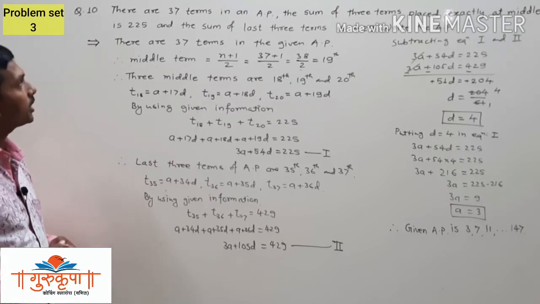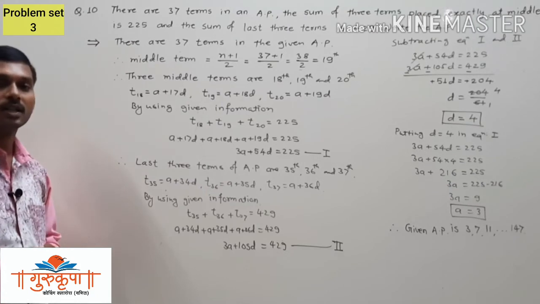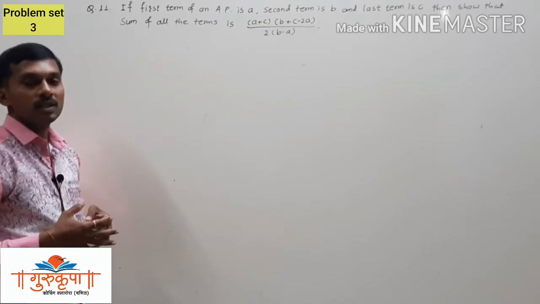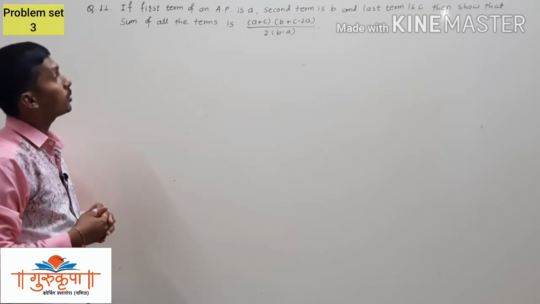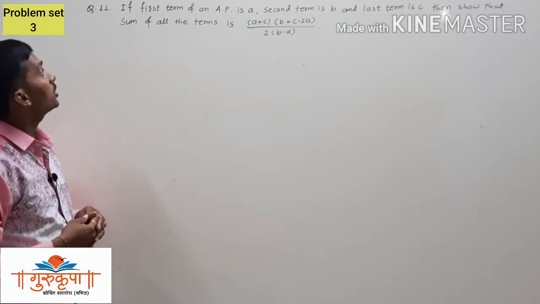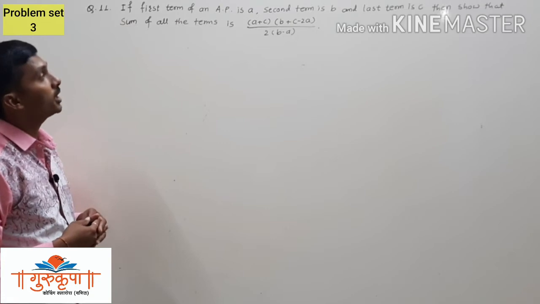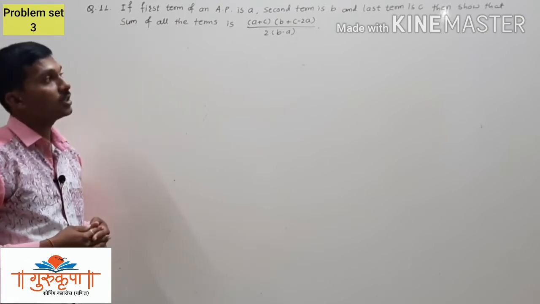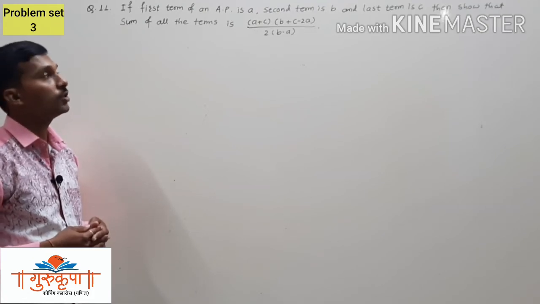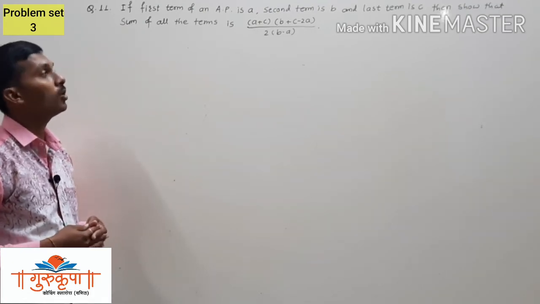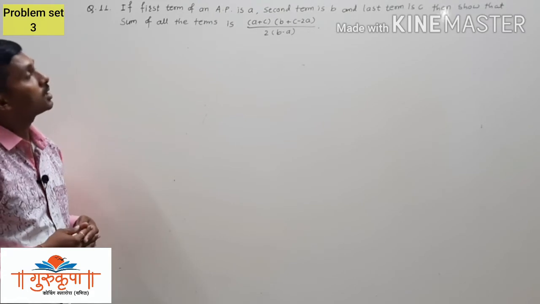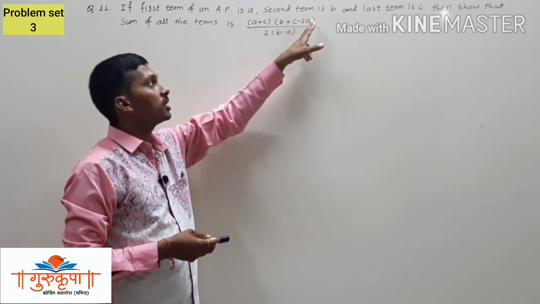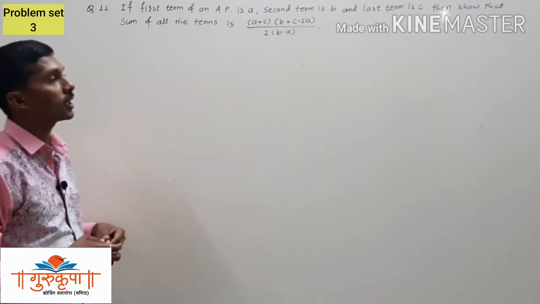Now we will solve the next example, that is example number 11 from problem set 3. The question is, if the first term of an AP is a, second term is b, and last term is c, then show that the sum is a plus c into b plus c minus 2a upon 2 into b minus a.